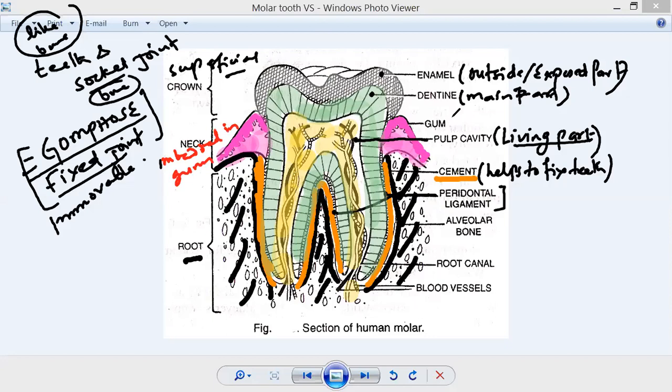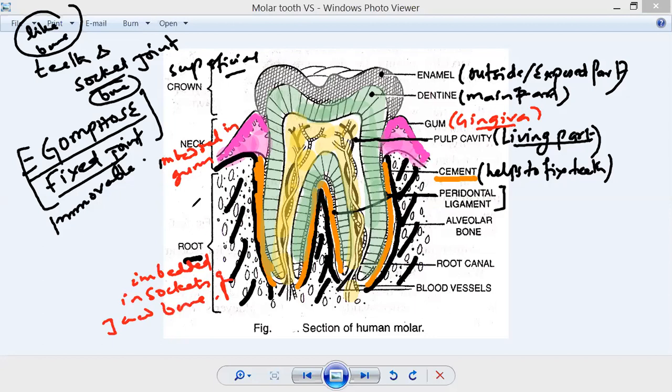So gums we also call gingiva. And the part in the roots is embedded in the sockets of the jawbone. So that part is called the root.